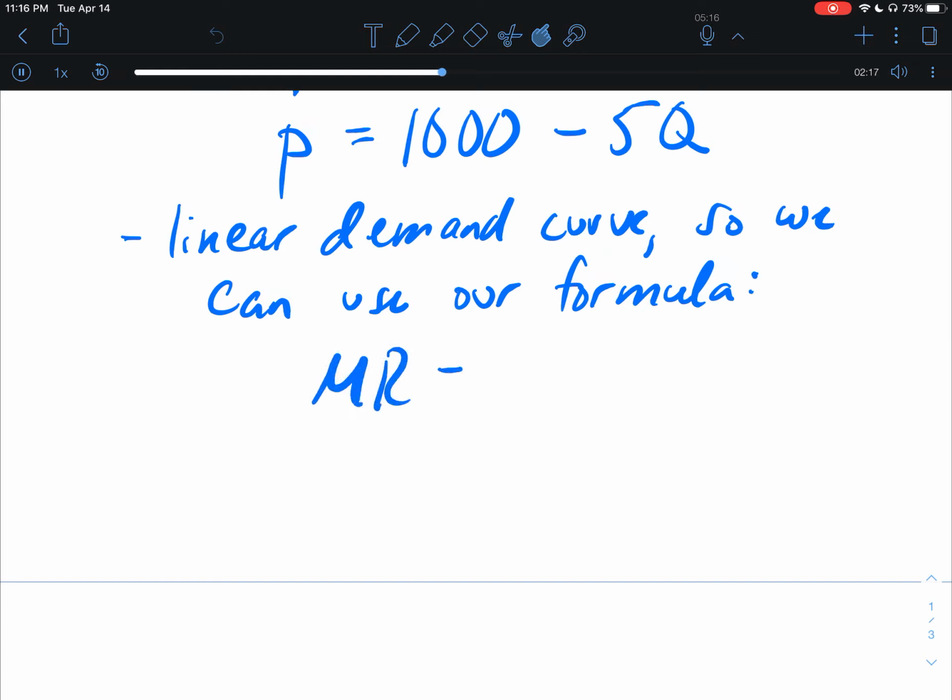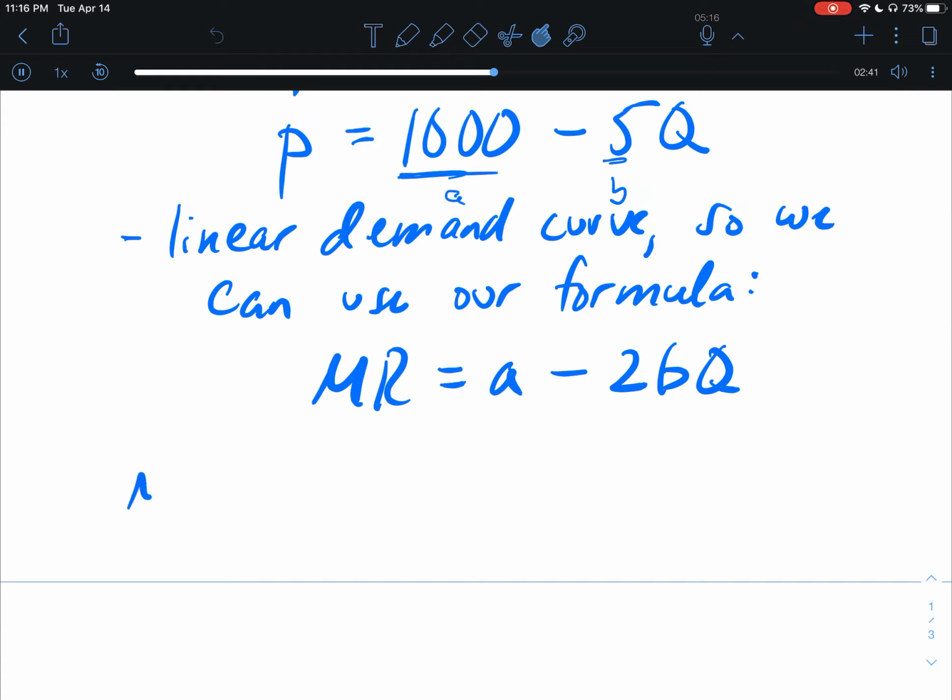Marginal revenue equals A minus 2BQ. Again, we're just substituting in our inverse demand function values above here. So 1,000 is our A, and 5 is our B.